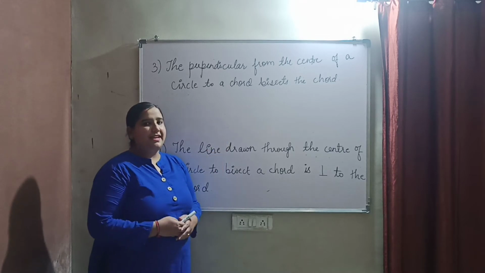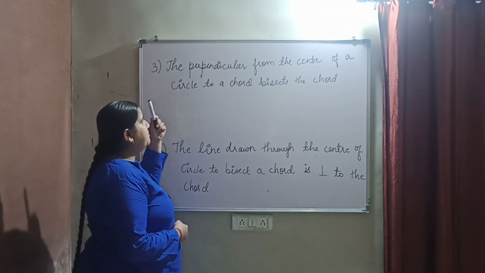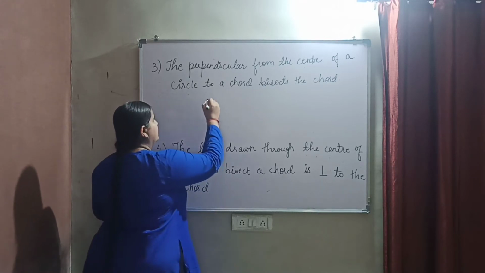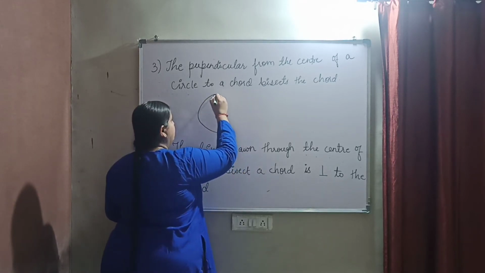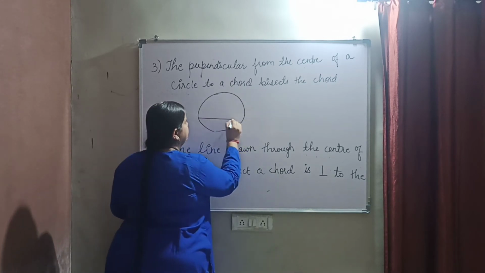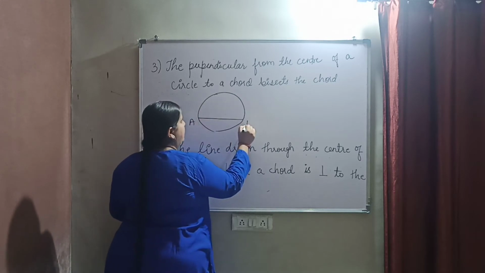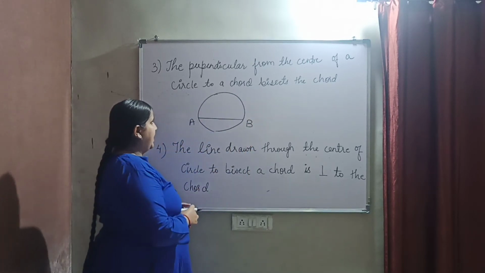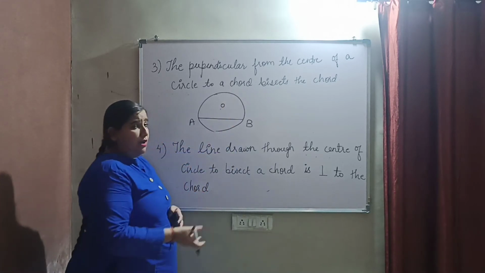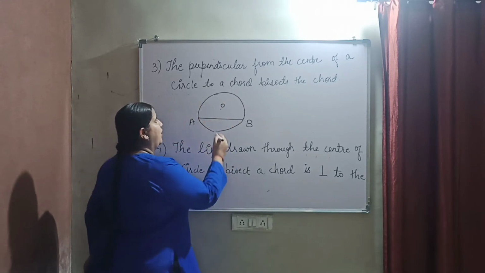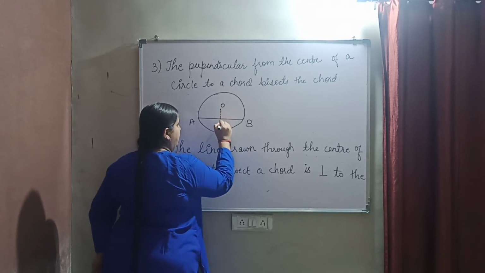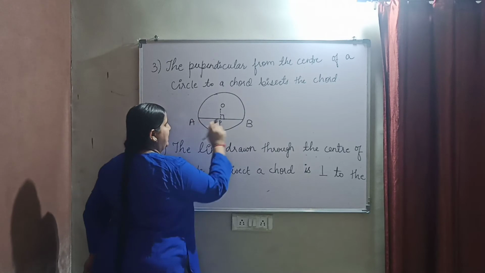So, theorem number 3 says that the perpendicular from the center of a circle to a chord bisects the chord. Suppose we are having a circle and we are having a chord in it. Suppose this is AB, chord AB is there and the center of this circle is O. If I draw a perpendicular from this O onto this chord AB, suppose this OP is nothing but a perpendicular on this AB.